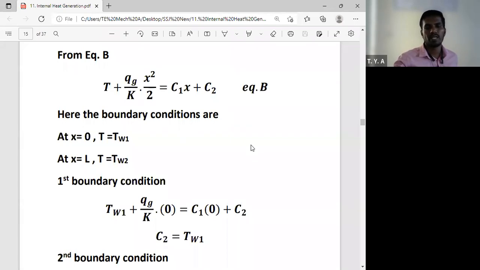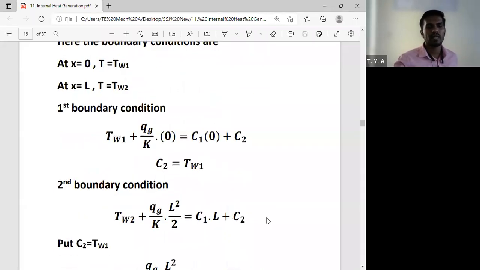Apply the first boundary condition. By putting the first boundary condition in equation B, we get the value of constant C2, that is TW1.